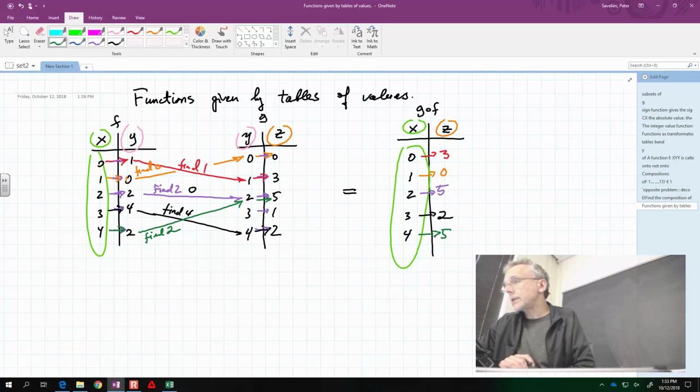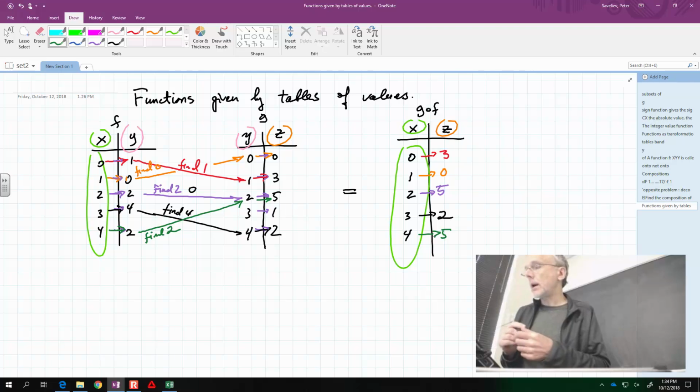So that's another typical problem of this kind for compositions, when there is no formula, there is no graph, there is no description of a transformation. So it's in numbers, and you just need to follow the arrows. As you can see, the arrows are not parallel in the sense that we have done before.